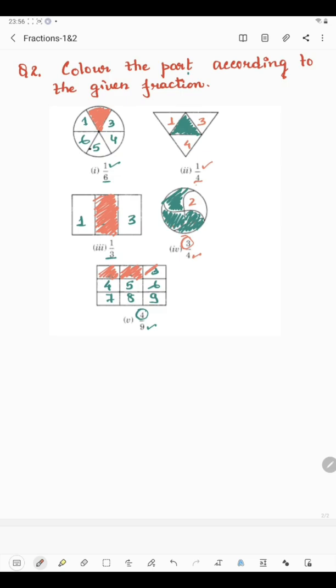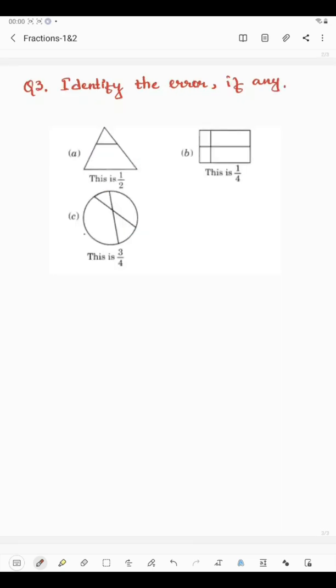Now coming to the next question. Question number 3 says identify the error if any. Now in the first part we have this figure, and here it is showing 1 by 2. Now we have to find the error here.